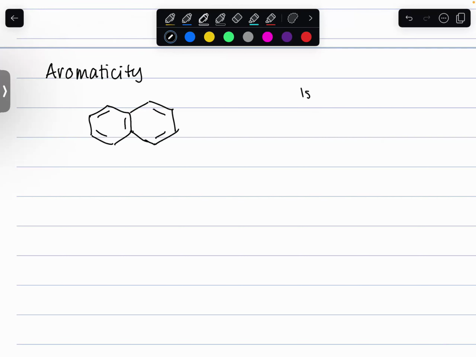So, is it a conjugated system? Does everyone know what I mean when I say that, or should I put it in other terms? In other terms, it basically just means, can all the pi electrons talk to each other? Are they all connected in some way?